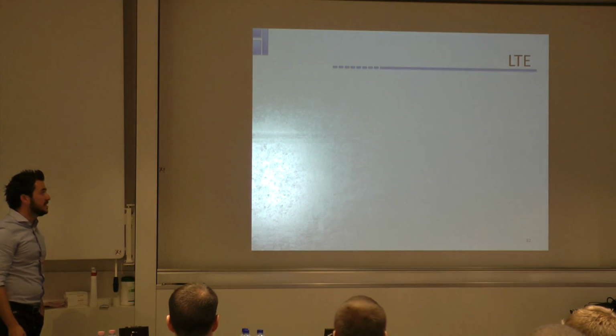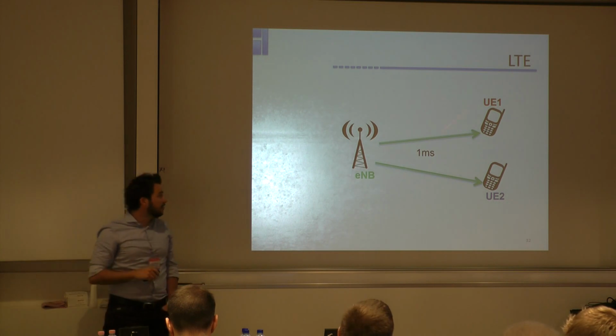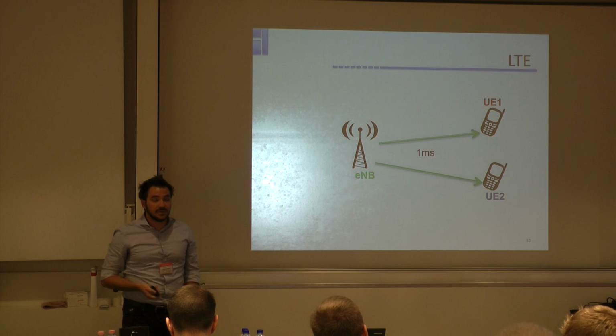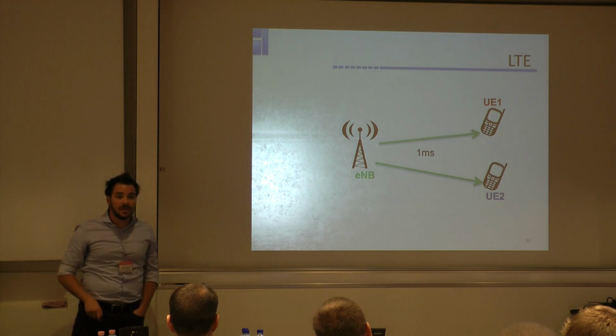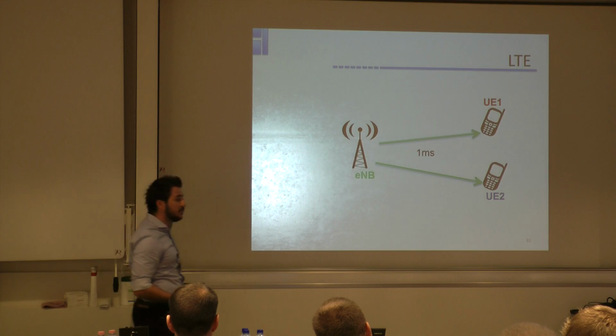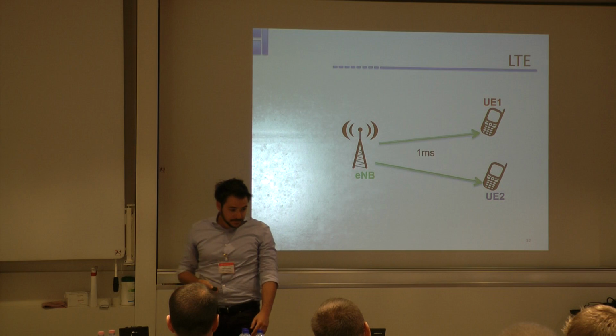So basically, what is LTE? LTE is a cellular network that's composed of a main base station, that's the main antenna that is sending information to and receiving information from user equipment, so cell phones. And it's doing this on a 1 millisecond basis.